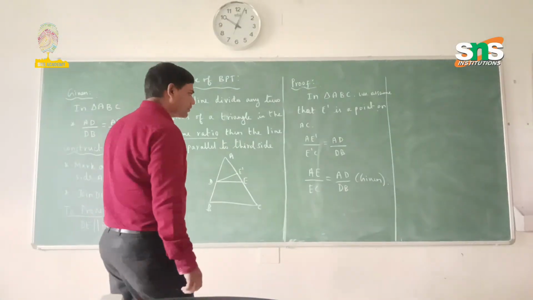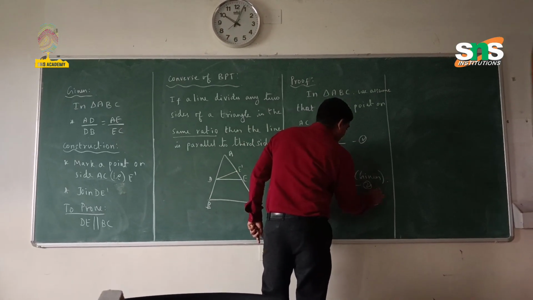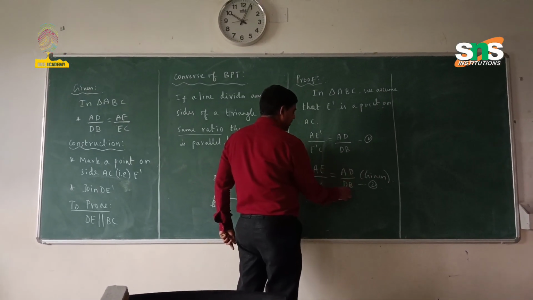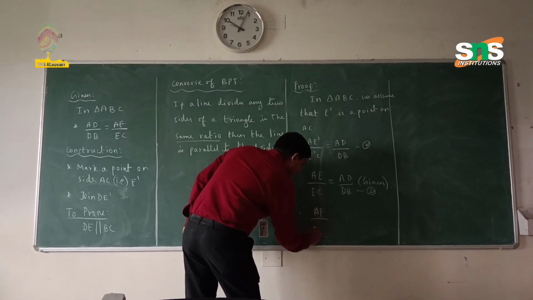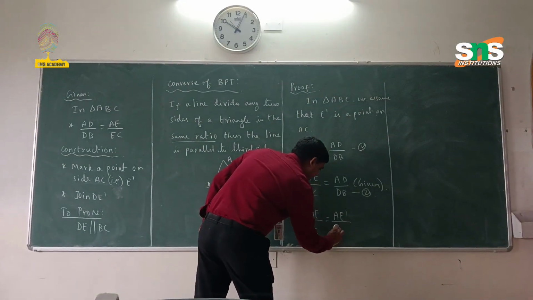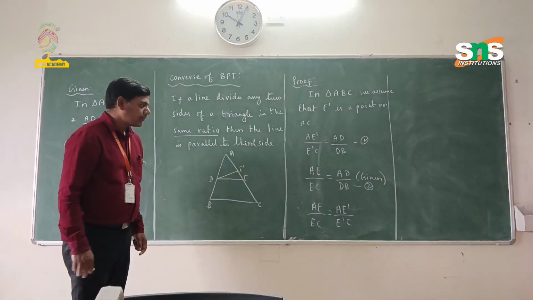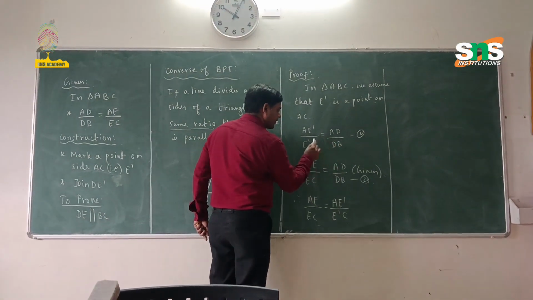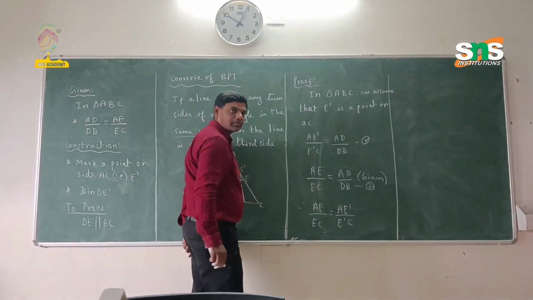This is 1 and this is 2. So from 1 and 2, AD by DB is equal to this one, and here also AD by DB is equal to this one. Therefore, AE by EC is equal to AE dash divided by E dash C. These two are equal, so we can equate these two.